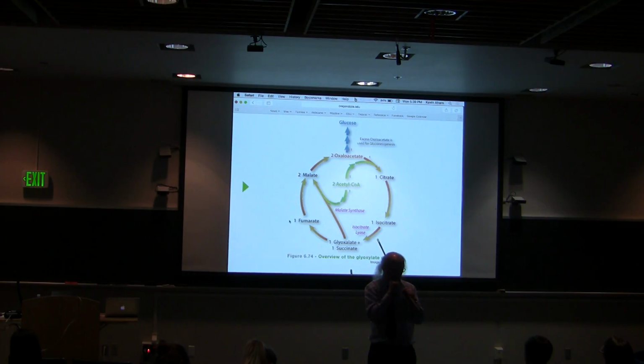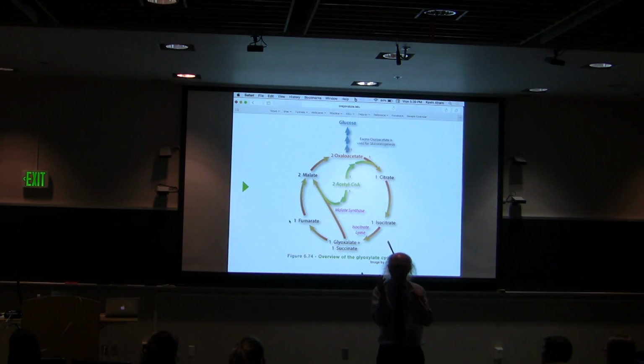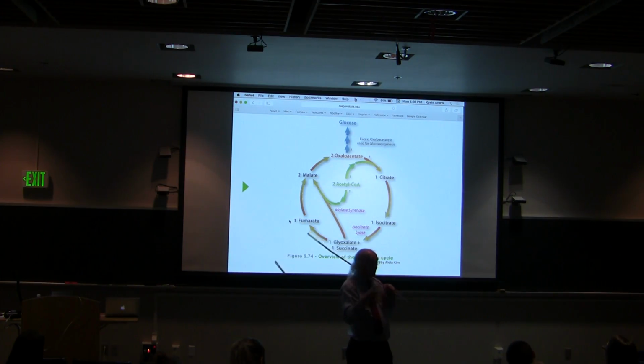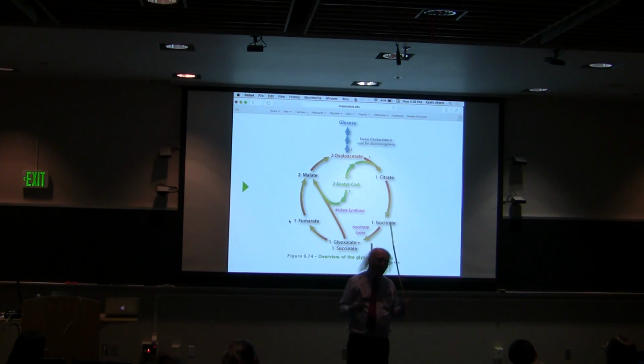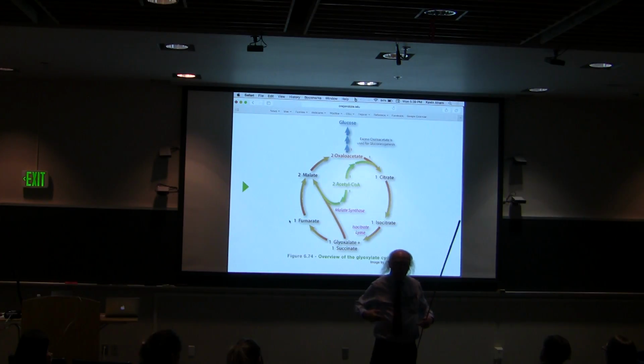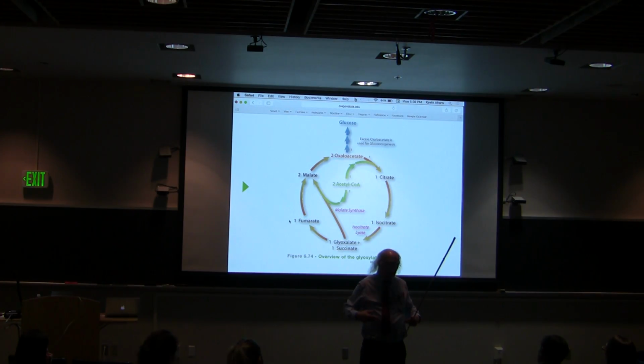Now, to come back to your question, do they do it just to make glucose? The answer is, for the most part, yes. So when do we make glucose? We make glucose when our cells have energy. We make it in our liver cells, and our liver cells are usually fairly flush with energy. So they can turn on the synthesis of glucose because the energy that's needed is there.